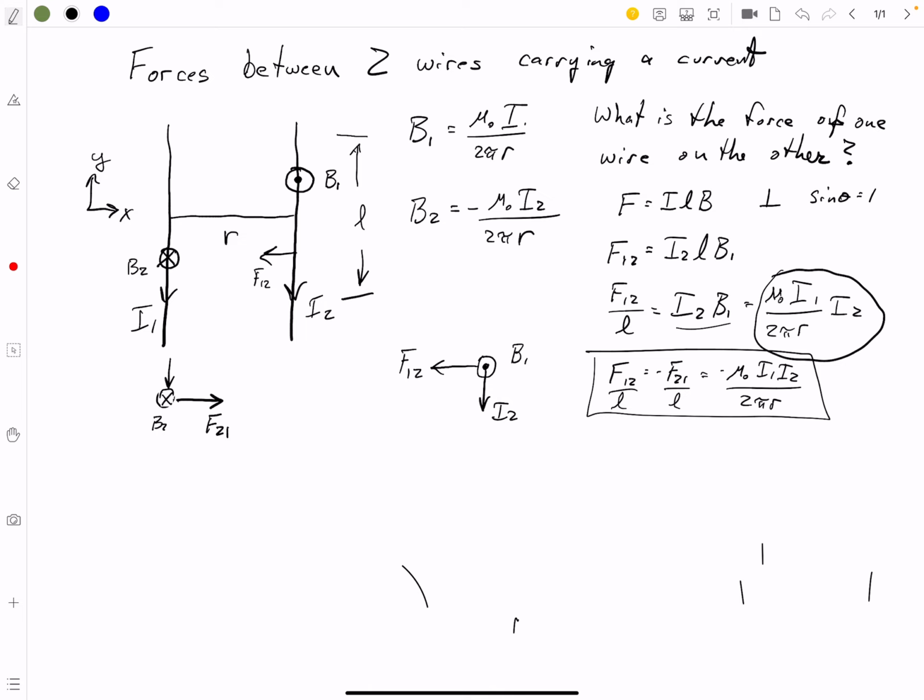But here's the other part. What defines 1 amp of current is if we were to make I1 equal I2, then we've got F21 over L is equal to mu naught over 2 pi. And if we make R 1 meter, then we've got I squared.